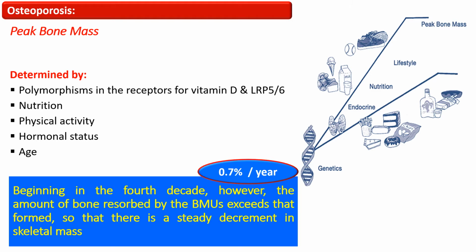There is a steady decrement in the skeletal mass, about 0.7% per year after the age of 40, and this is because of increased osteoclastic activity. As the age advances, there is increased osteoclastic activity and the osteoblastic activity lags behind.